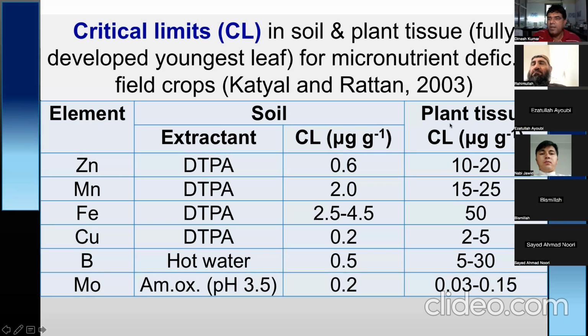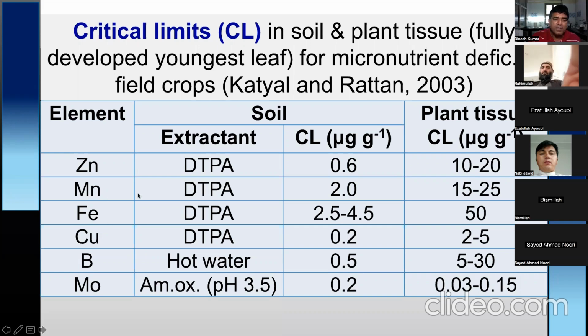Similarly, the plant tissue critical limit in microgram per gram or ppm is 10 to 20. Means if your plant is having 10 to 20 ppm of zinc, then it is deficient in zinc.